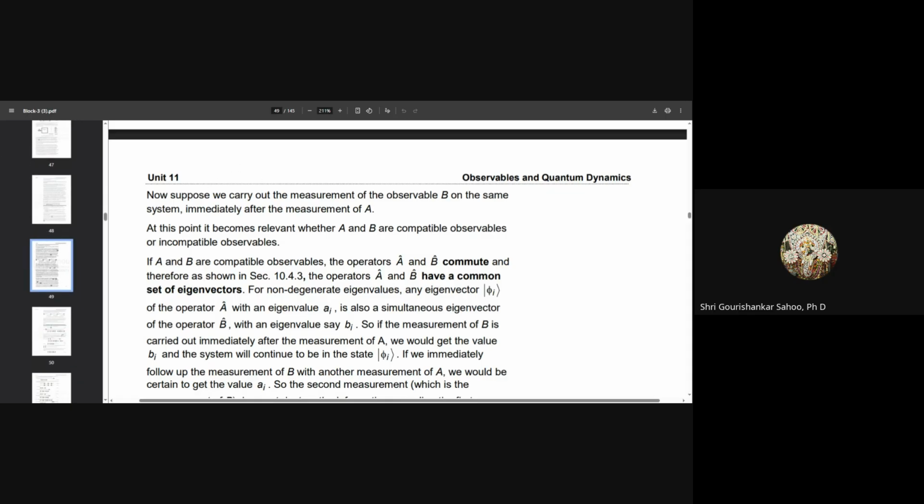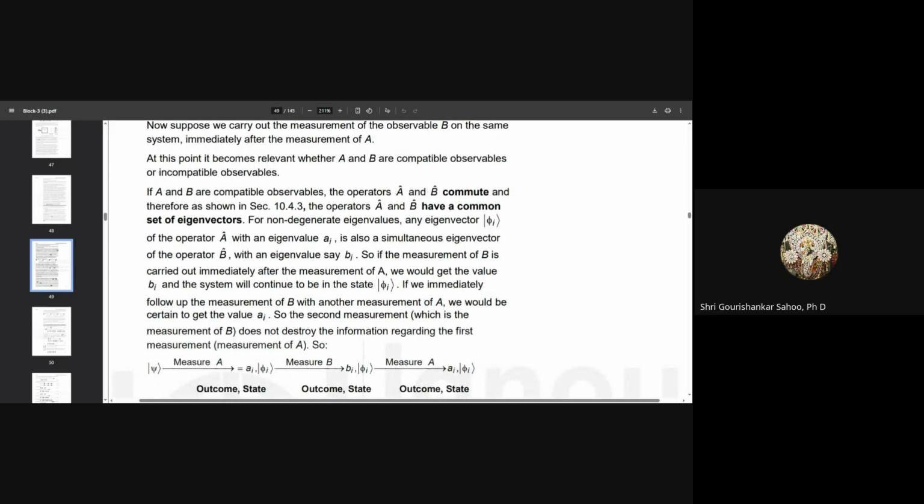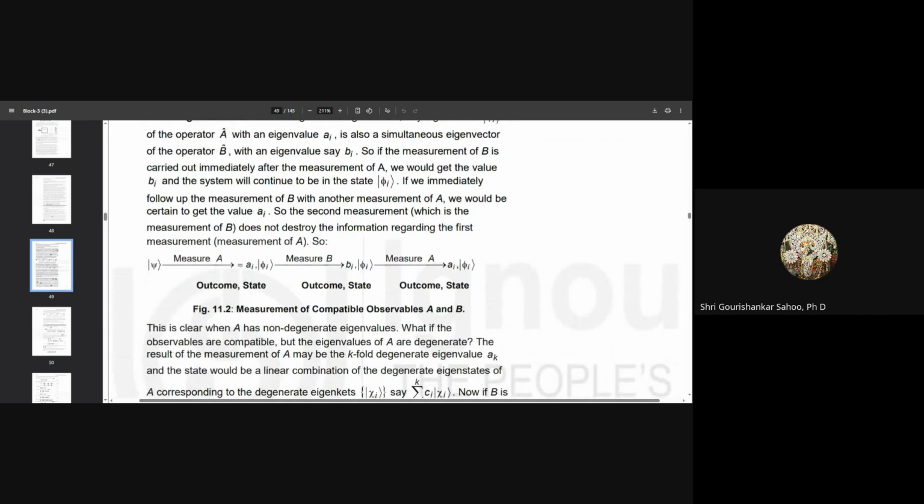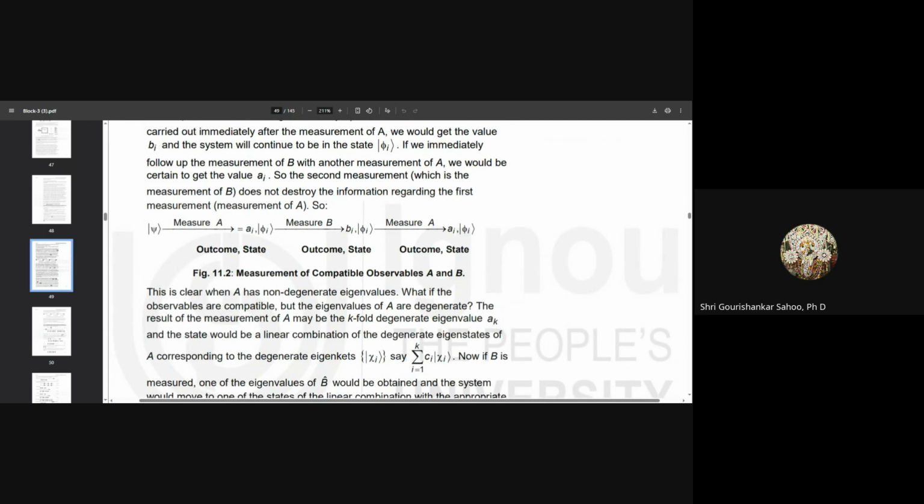If we immediately follow up the measurement of B with another measurement of A, we would be certain to get the eigenvalue a_i. So the second measurement, which is the measurement of B, does not destroy the information regarding the first measurement, that is the measurement of A, and this can be shown pictorially as shown on the screen: measurement of compatible observables A and B and the outcome. And this is clear when A has non-degenerate eigenvalues.